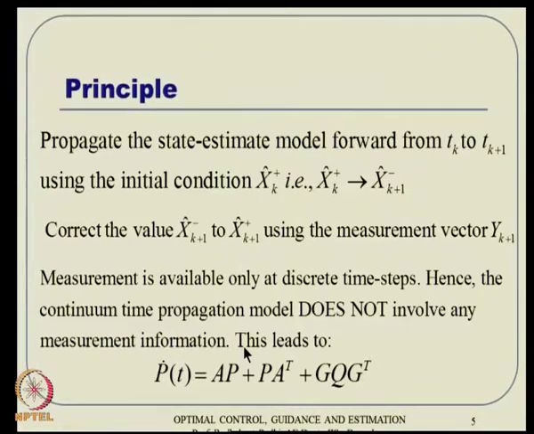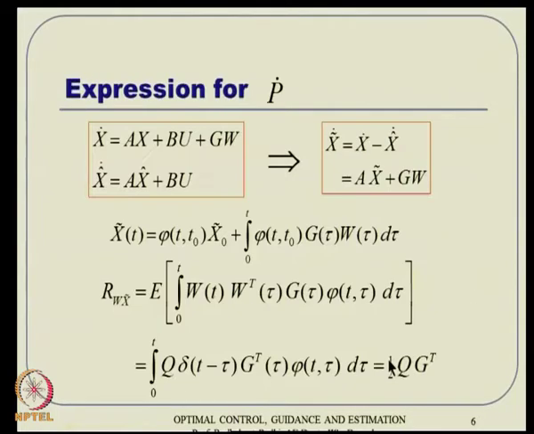You can derive it also. Earlier it had some measurement information, if you remember the previous lectures, but now it does not. So, P dot takes a relatively simpler expression like this.